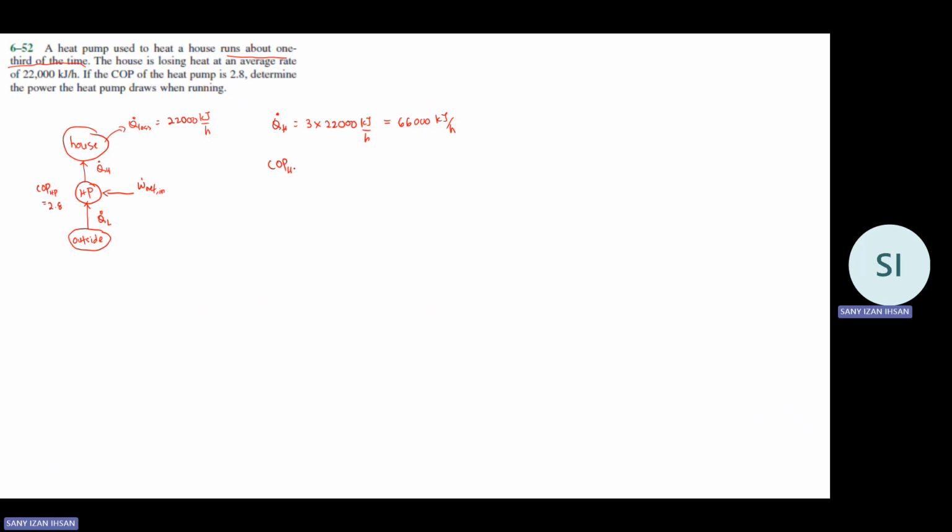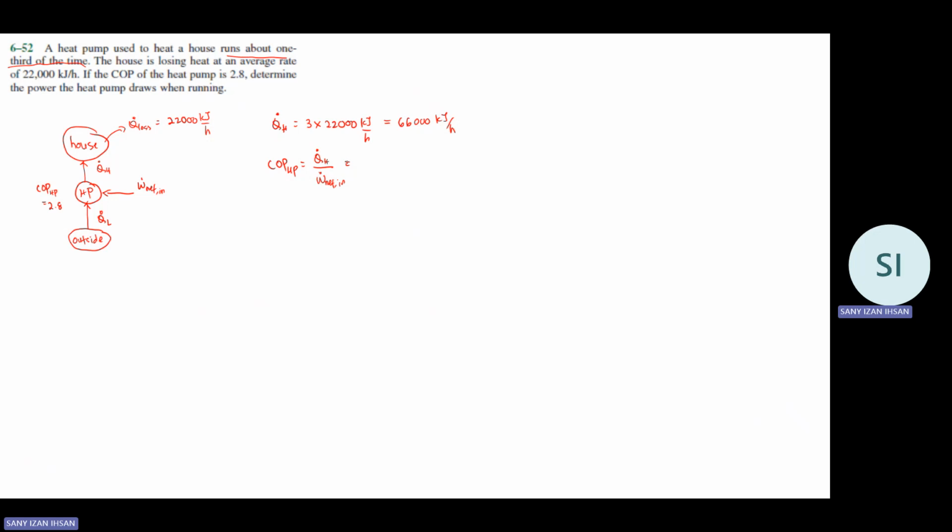Our COP for the heat pump is given as 2.8, and you know the relationship of COP for a heat pump: our interest is supplying the heat to the room, QH dot, divided by the amount of work required, work dot.